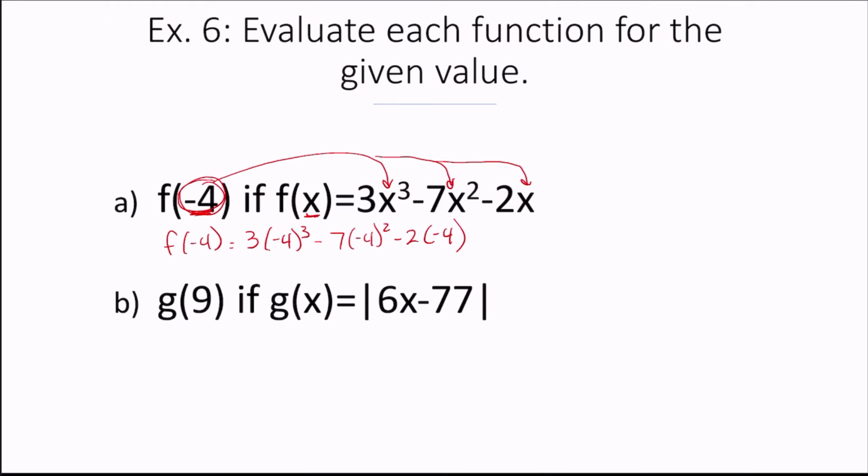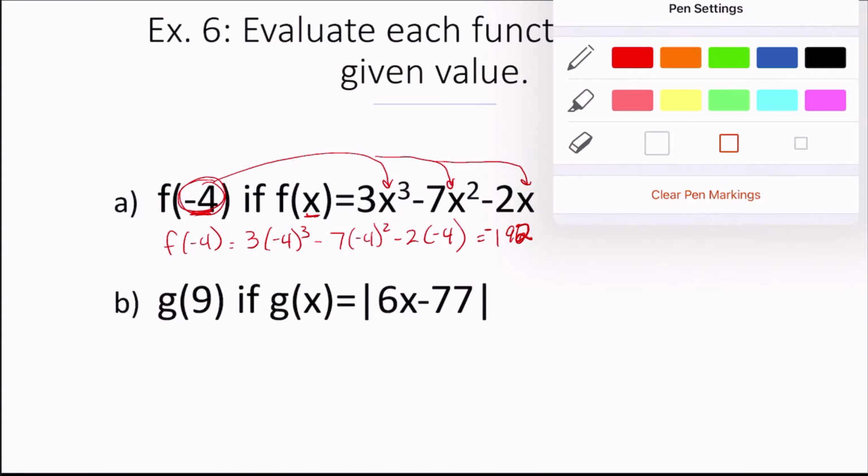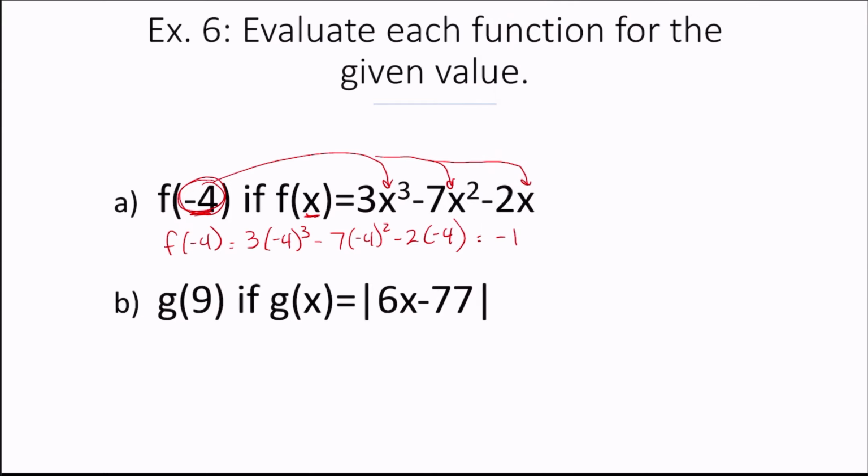Negative 4 cubed is negative 64 times 3 is, 192, I think. Why am I doing this when I have a calculator? 3 times negative 4 cubed. Yes, negative 192. Minus 7 times negative 4 squared.